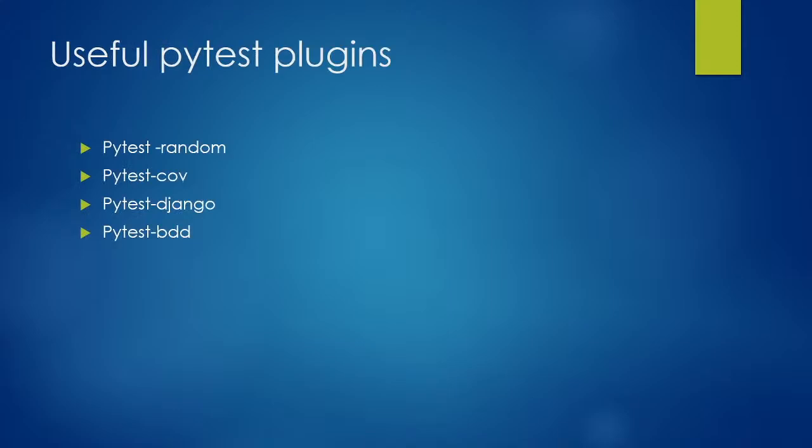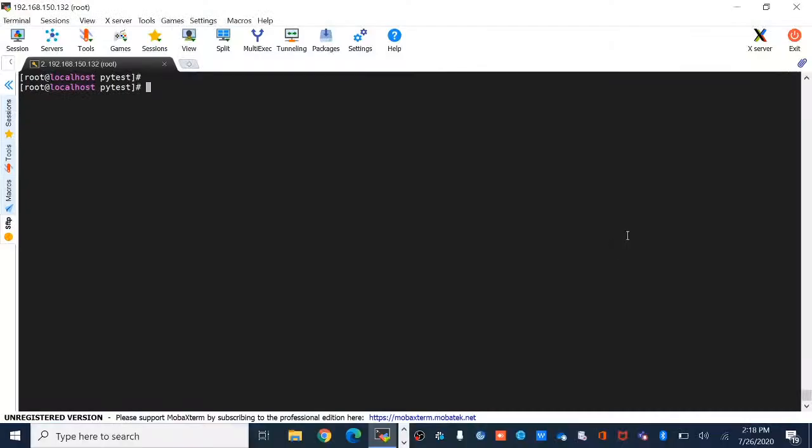So let's go to the execution. If you see my screen, I can tell you whether PyTest is installed or not. My system is Fedora. If you check which pytest, my pytest is at /usr/bin/pytest. pytest -h, you can see a lot of help.